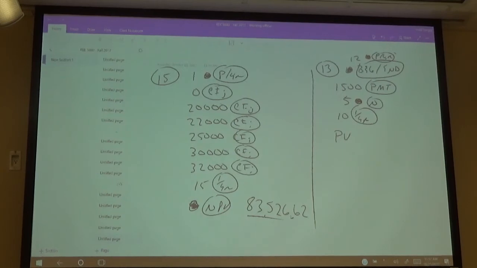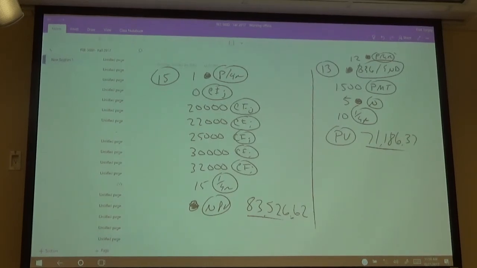And simply solve for present value. $71,186.37.